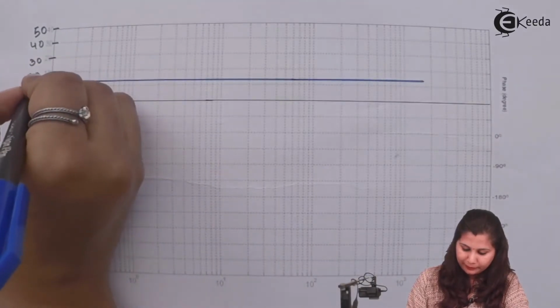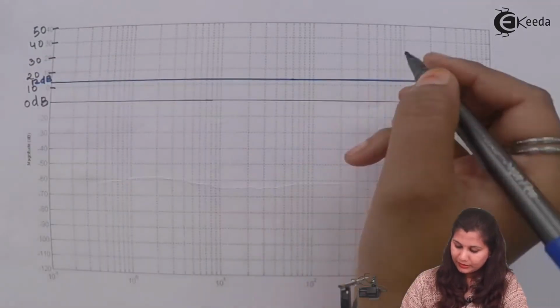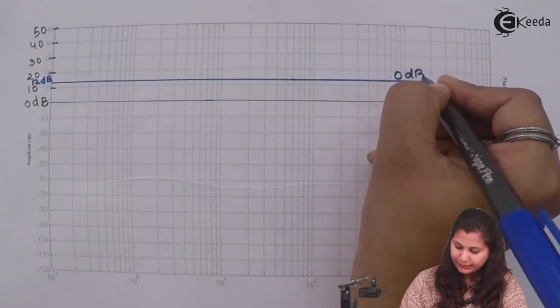This is 12 dB point having slope 0 dBs per decade.